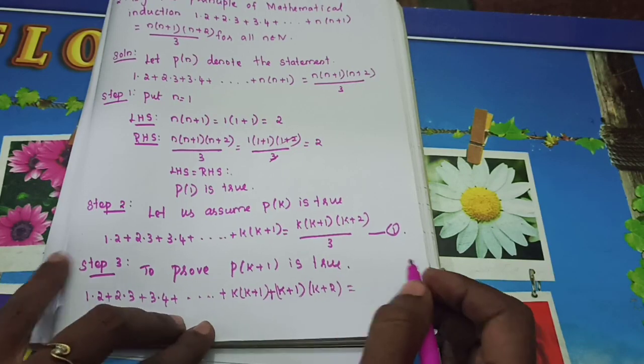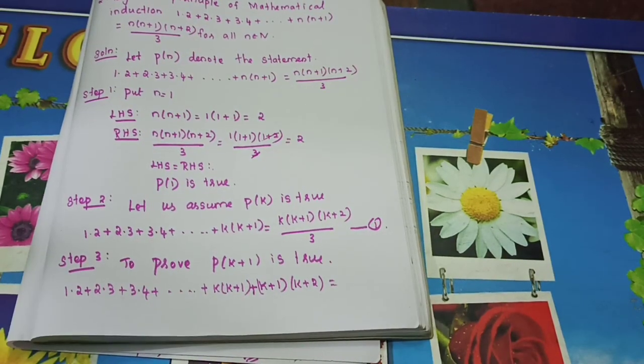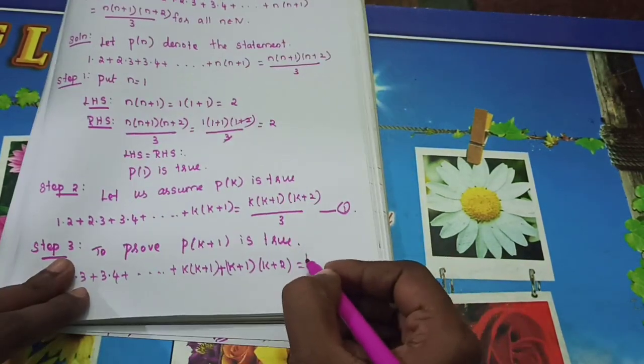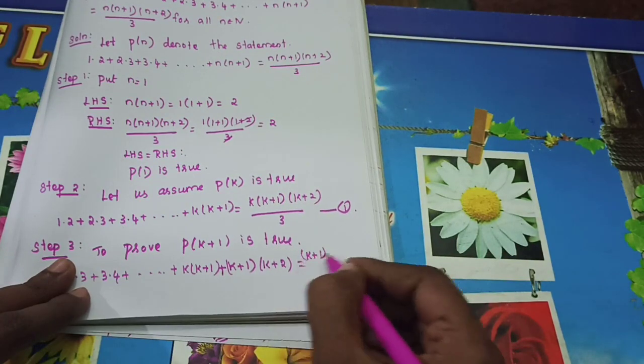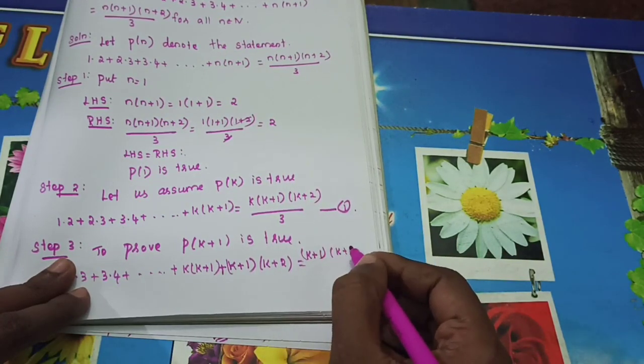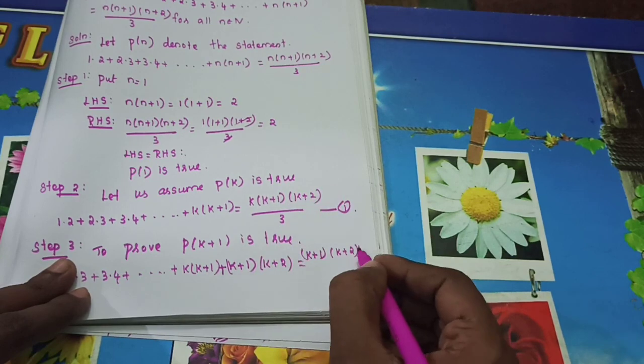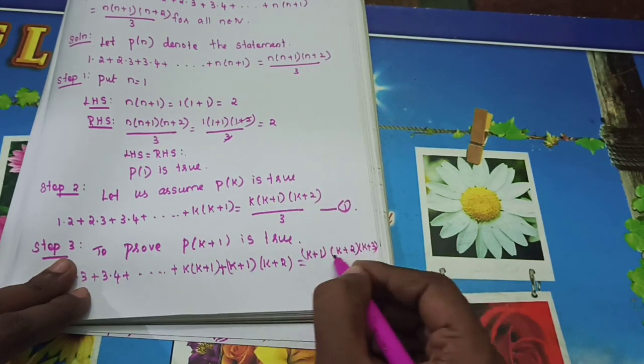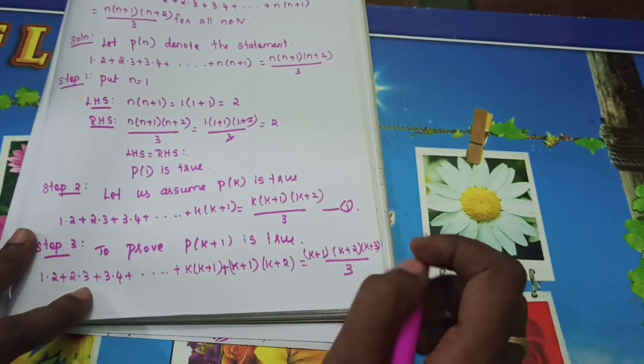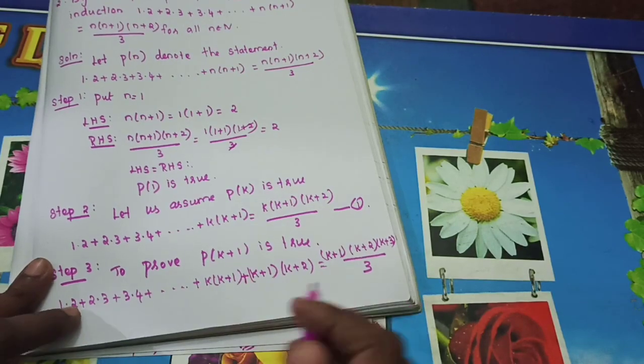Got it? In the RHS when you are substituting, k+1, so k+1+1 means k+2, and here k+1+1 means k+3, divided by 3. So now you take the LHS.